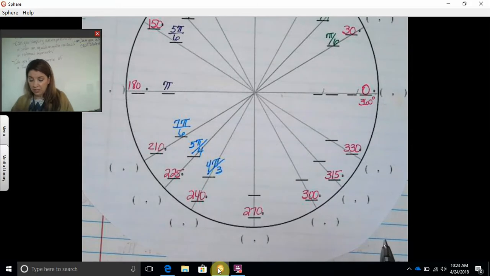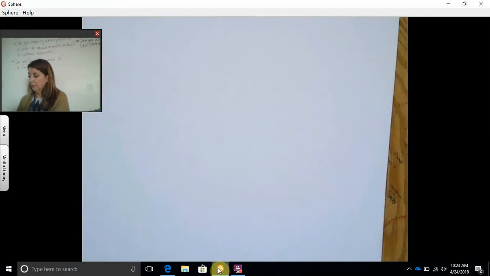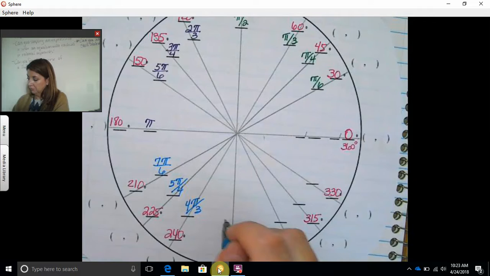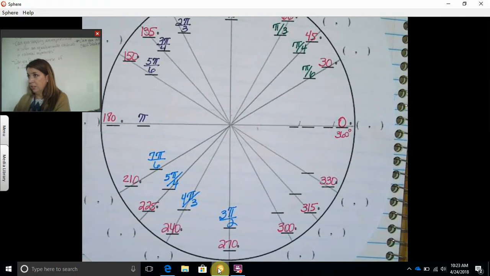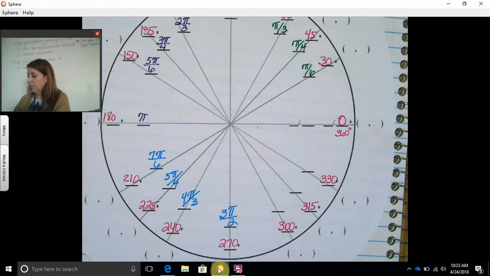And 270 degrees, 3 pi over 2. Any questions on how I came up with any of those? Same way we did before, just make sure you reduce all the way. Okay, go ahead and figure out the rest of the unit circle.